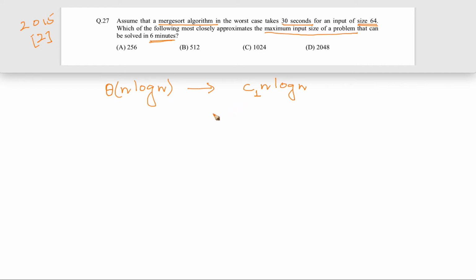Now let's fill in the values in each of the cases and then we will figure out how to solve this. So we are talking about one equation where c1 into the size 64 and its log, so 64 log 64, and this takes 30 seconds, right? This is our first equation.